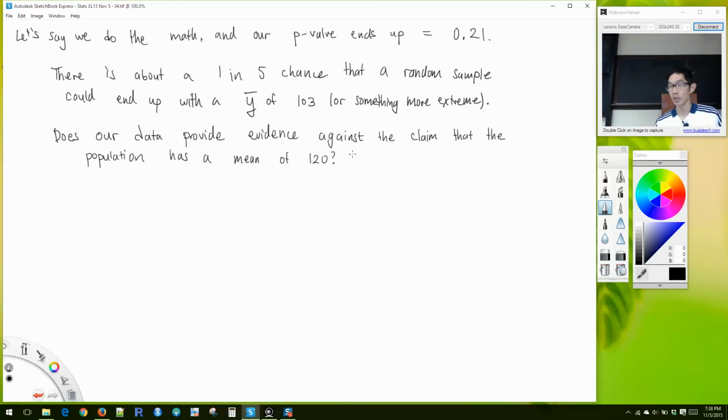We do that math, and the answer turns out to be 0.21. Does that feel like a high probability of getting a sample of 103 or a low probability? What are we thinking here?